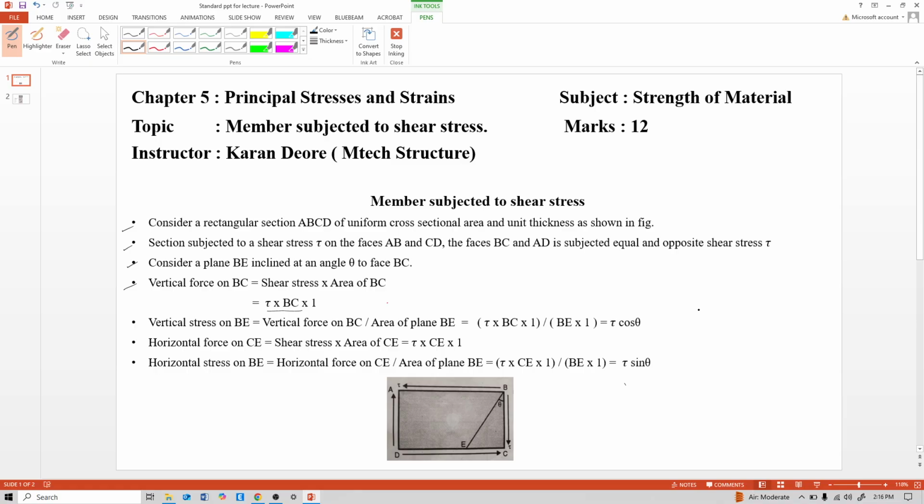Cos theta is equal to adjacent side upon hypotenuse. Adjacent side is BC and hypotenuse is BE. So BC upon BE is cos theta, and tau as it is. So vertical stress on BE is equal to tau cos theta.